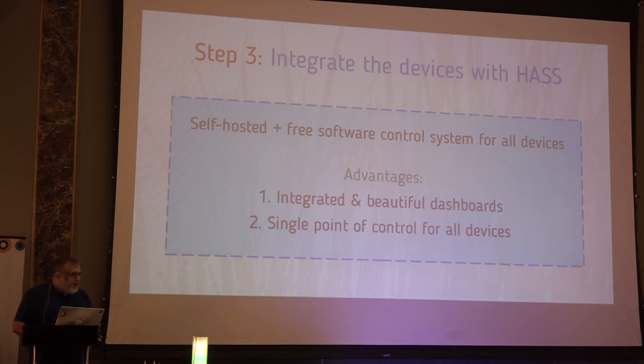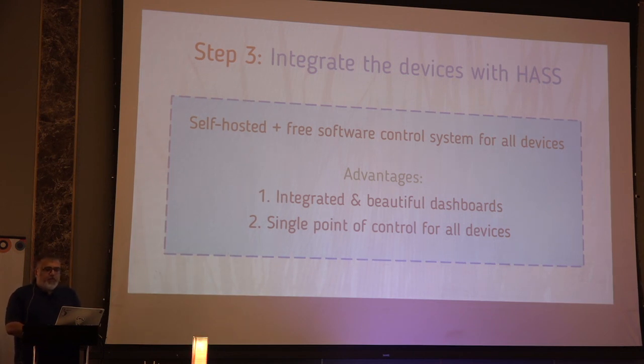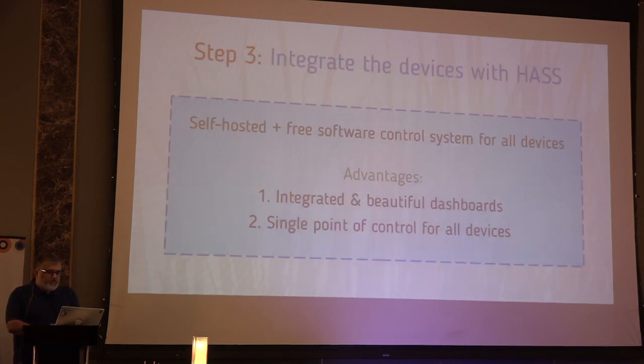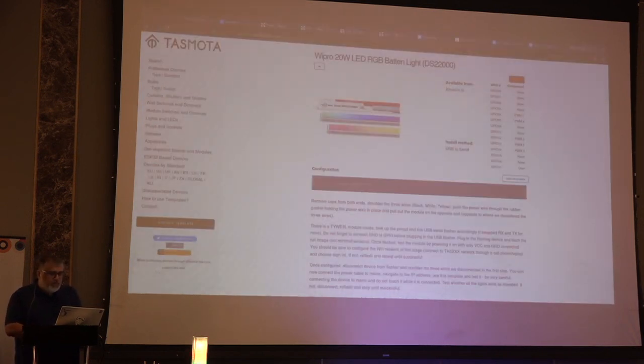The mobile app which corresponds to Home Assistant is also free software, so you can get it on F-Droid, and that's the best way to do it. We're going to look at what features Home Assistant offers us and how we can integrate these devices with it. So let me change my display.